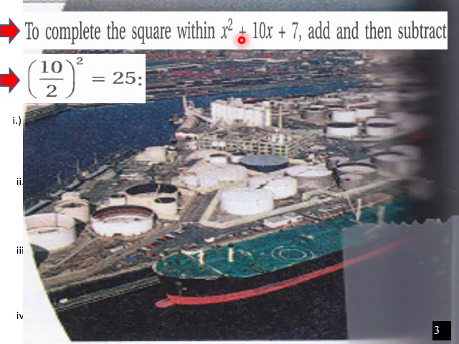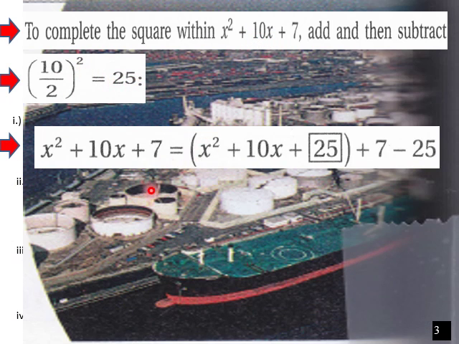To complete the square of x squared plus 10x plus 7, add and then subtract 10 over 2, this is your b, 10 over 2 squared, which equals 25. So what would that look like in the expression? X squared plus 10x plus 7 would equal x squared plus 10x plus 25, because 10 over 2 is 5 squared, plus 7, we don't forget this, and then we subtract 25 as well.